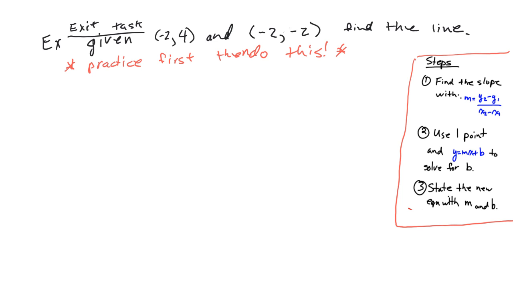You got to be able to calculate your slope from the 2 points. Then use one of the points and the m value to find our b, and we're good to go. So that's what I want you to do as an exit task after you've done the homework that's been posted online.